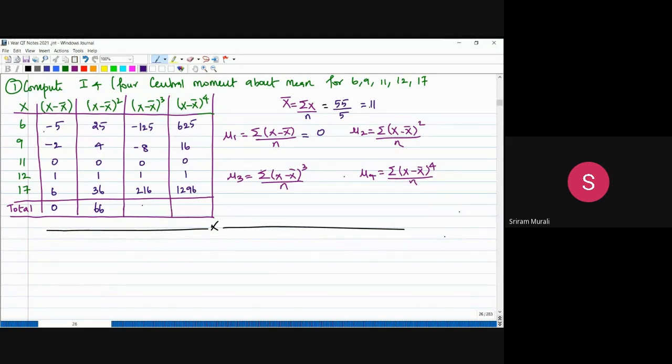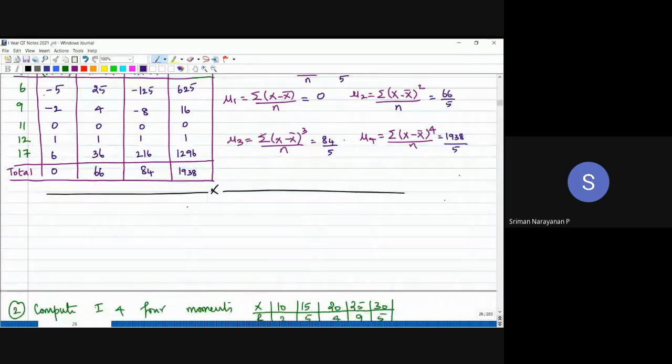If I add, I get 1938. So substitute here: 66 by 5, whereas it is 84 by 5, whereas it is 1938 divided by 5. Have you all understood? Yes, sir. If it comes, it will come for 5 marks.